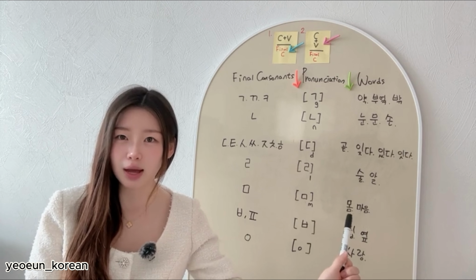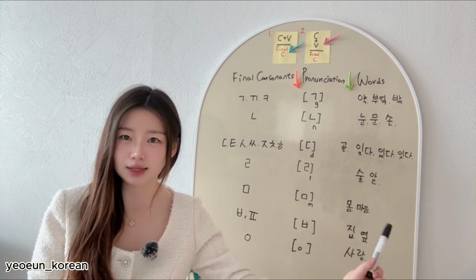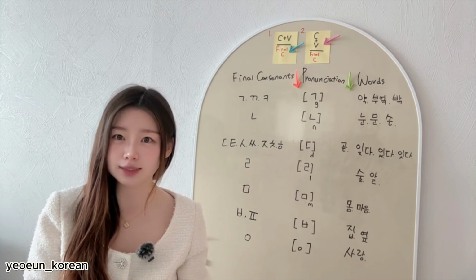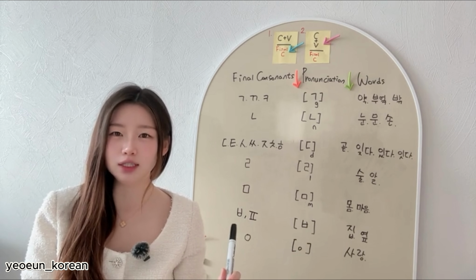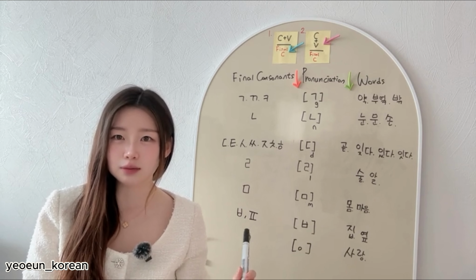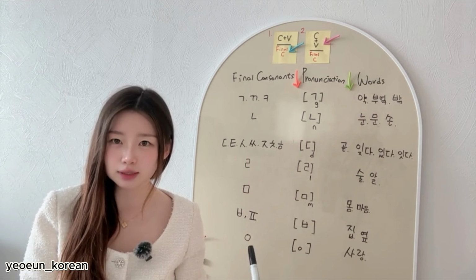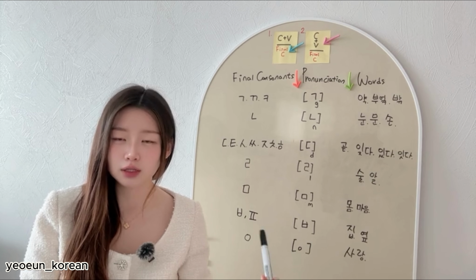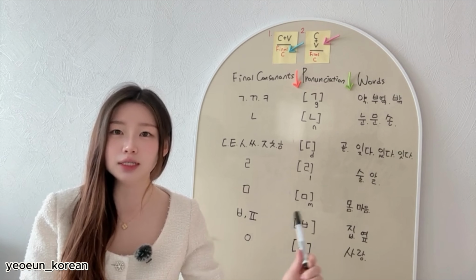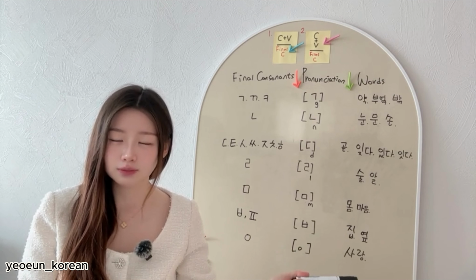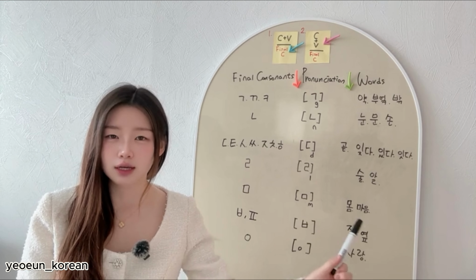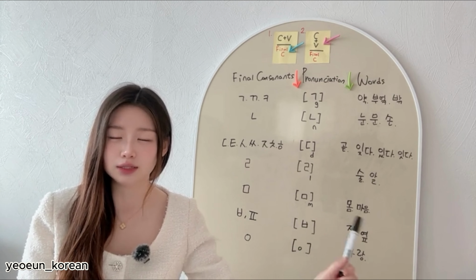And we have 마음, which means mind. And moving on to the next group, it's the two P sounds. They are all pronounced as a B sound. So 집 is a house, and 옆 is next.